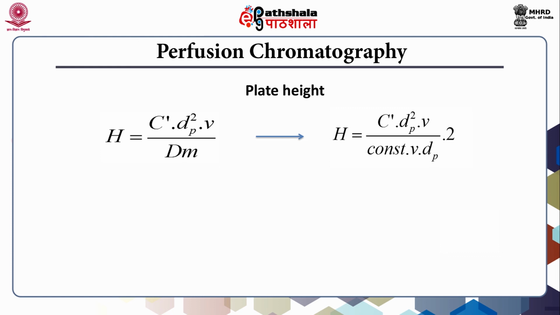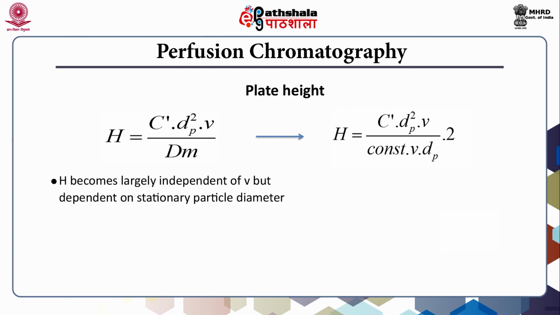So, overall here, by substituting the diffusion coefficient of the mobile phase with the convective component, the height of the theoretical plate becomes largely independent of the flow rate V, but it is dependent upon the particle diameter, because the particle diameter is in the numerator.